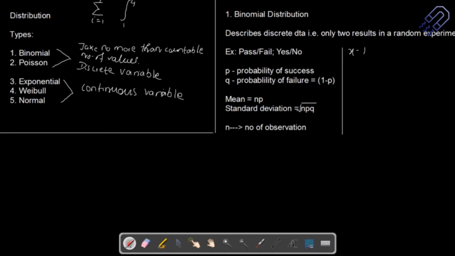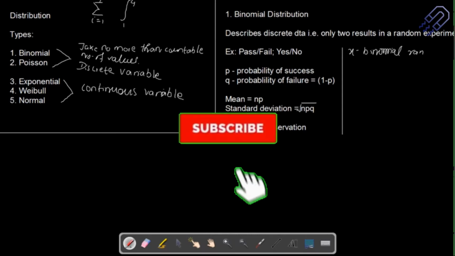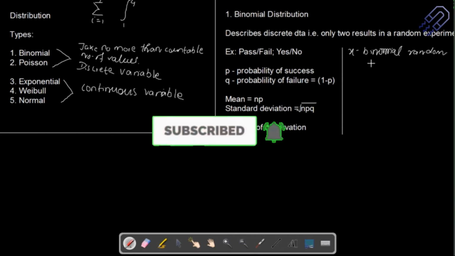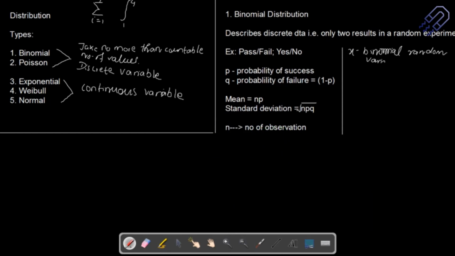X is a binomial random variable. If that happens, the probability of getting x is nothing but factorial n divided by factorial x and then factorial n minus x.